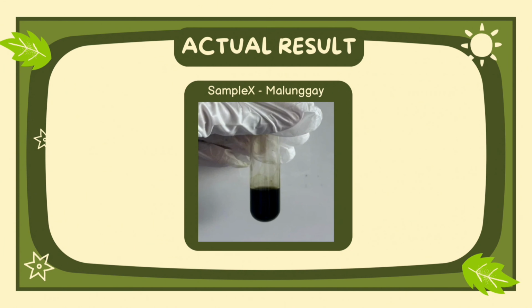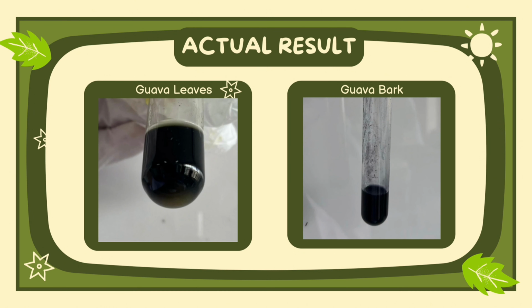This indicates that there is presence of tannins in our sample X. Moving to guava leaves and bark, they both showed a dark colored solution, and this suggests also that there is presence of tannins in bayabas leaves and bark.